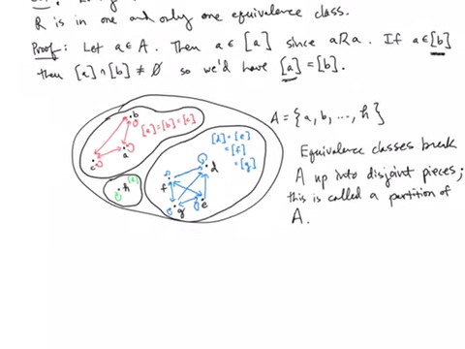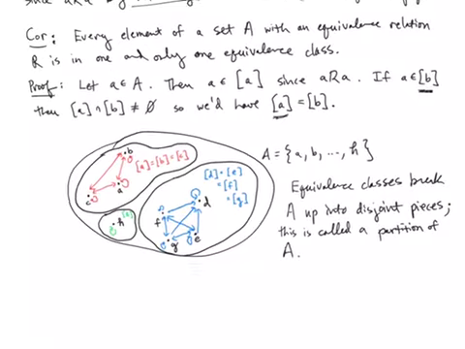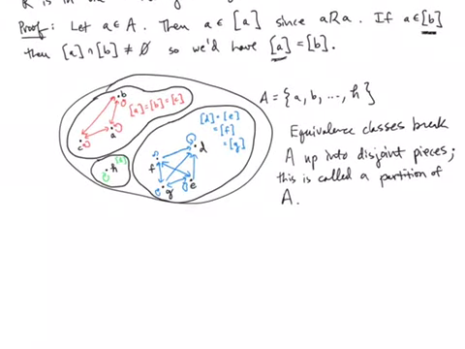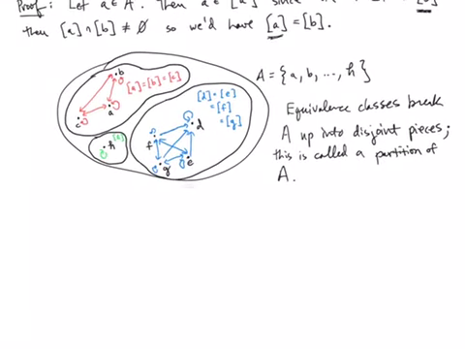And I hinted at this last time, but we're much closer to the goal this time, and you hopefully have a more robust sense of what's going on and how equivalence relations sort of create this partition of your set.